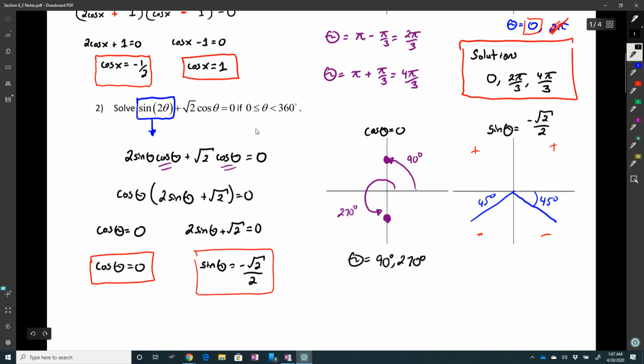And so my answers are going to be a rotation plus 45 degrees. And the other one's going to be a full 360 minus the 45 degrees to get the other one. So 180 plus 45 is 225 degrees. And then 360 minus 45 is 315 degrees. So those are my four solutions.